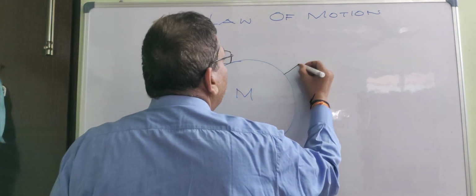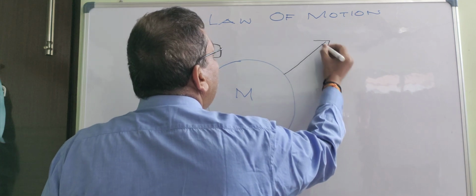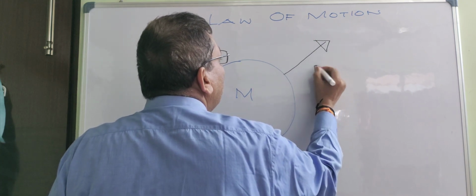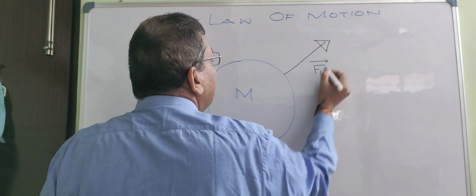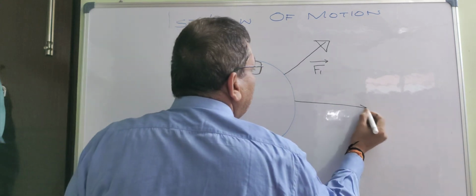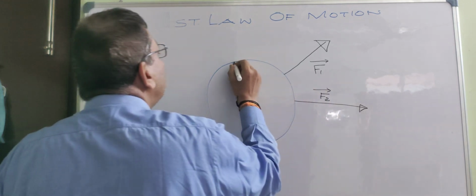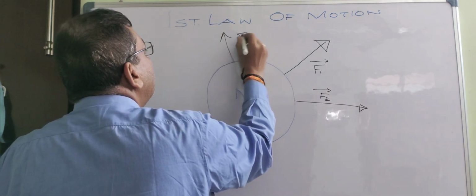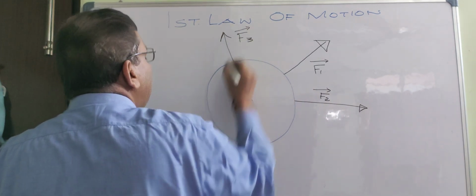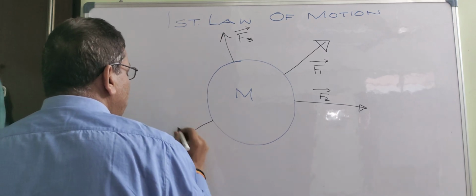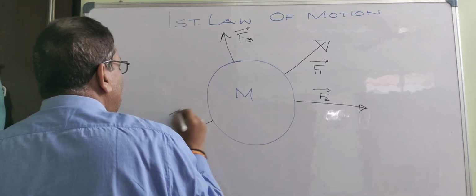Let us say a force F1 is acting in this direction. Let us take another force acting in horizontal direction, F2 vector. Let us say the third force is acting in this direction, F3 vector, and let us take one more, F4, acting in this direction.